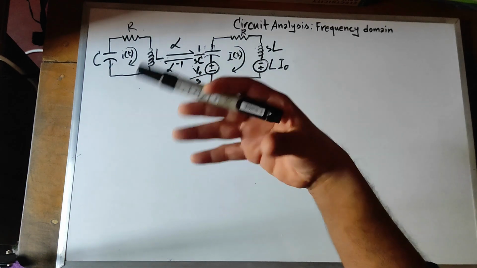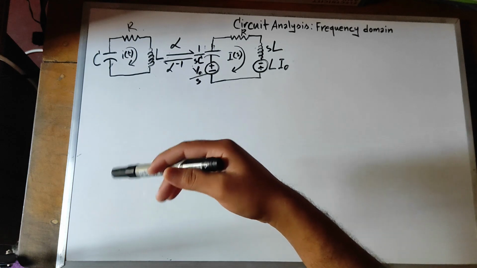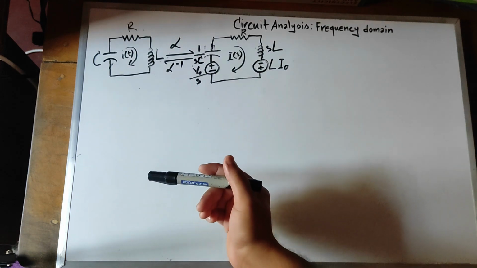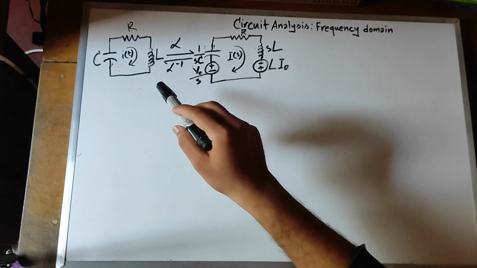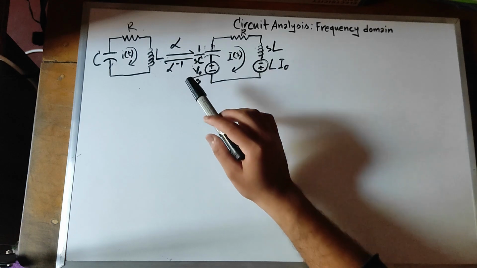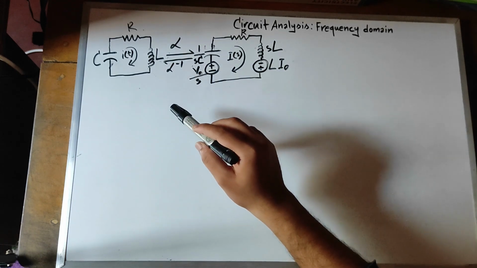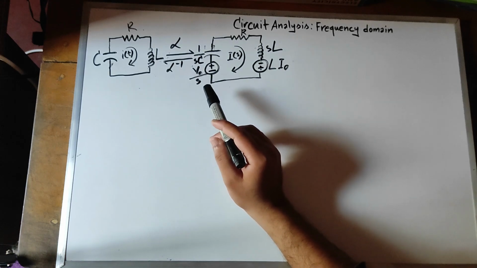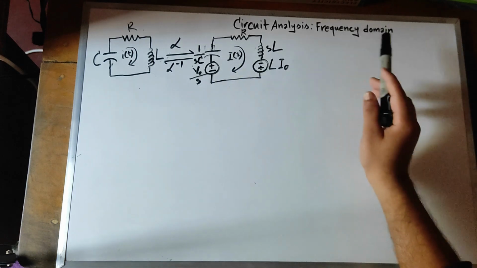That's why the superposition principle applies to them. We can also apply KVL and KCL, and because this is a linear system, we can apply the Laplace transform. Because we can apply the Laplace transform, we can analyze this circuit in frequency domain quite easily.